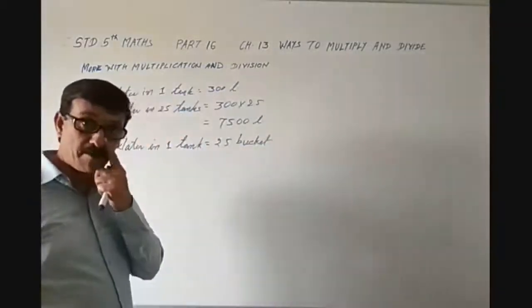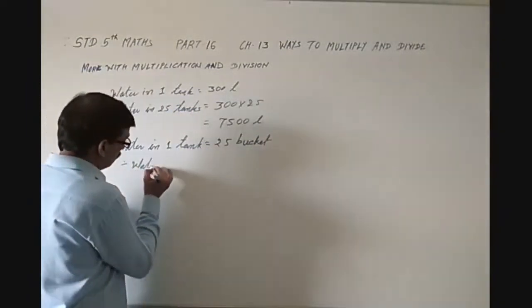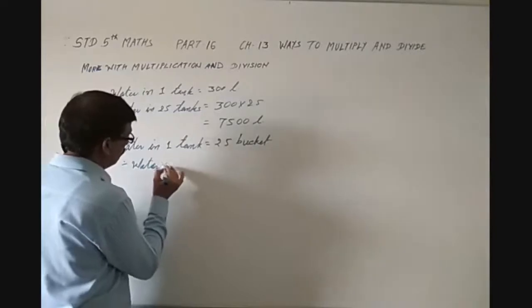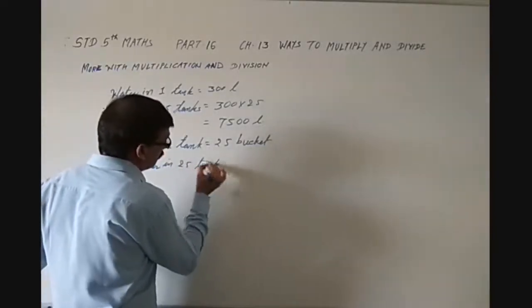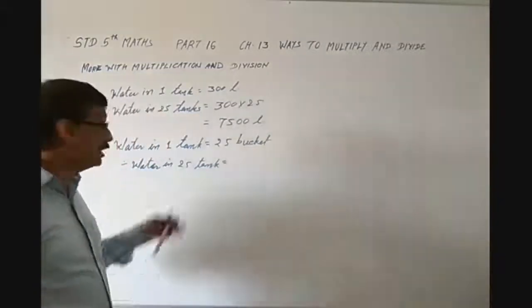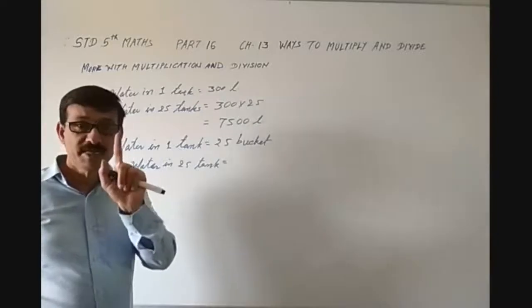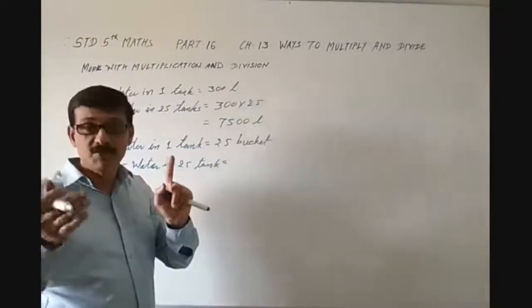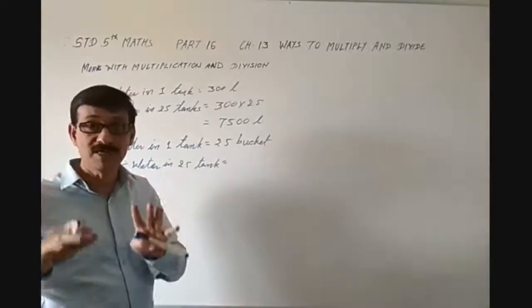Therefore, water in 25 tanks is equal to, so here we have to go for multiplication. Why? Because in one tank 15, in the second tank another 15, in the third tank another 15, isn't it? So we have to go for multiplication.